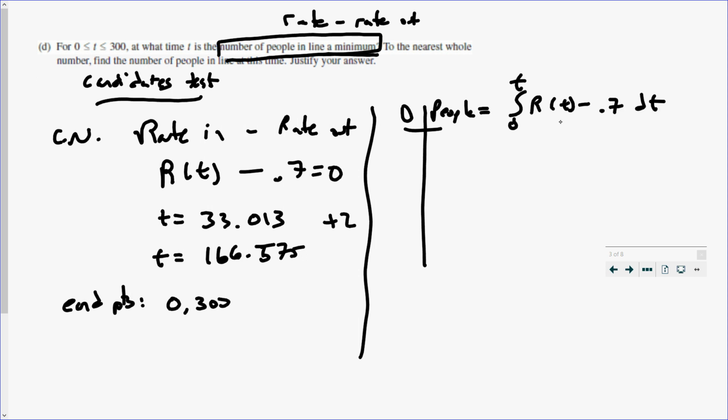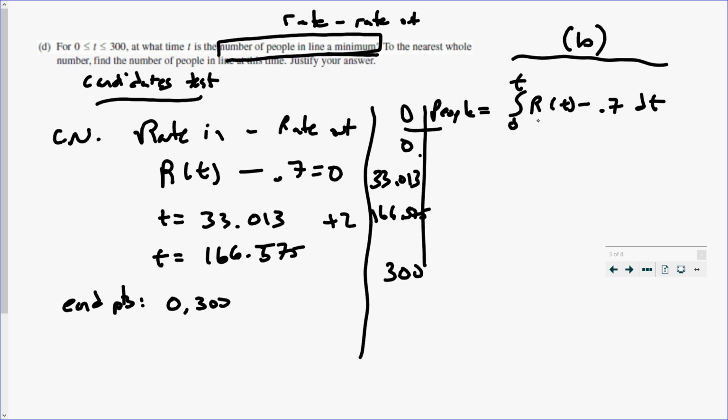Now notice I could have written this as another integral, but remember, this is the same integral that we used for part B. It's basically the same formula. So we would go 0, 300, 33.013, 166.575, and you do that integral to type it in.